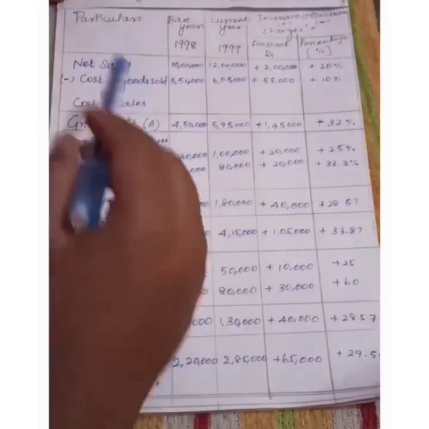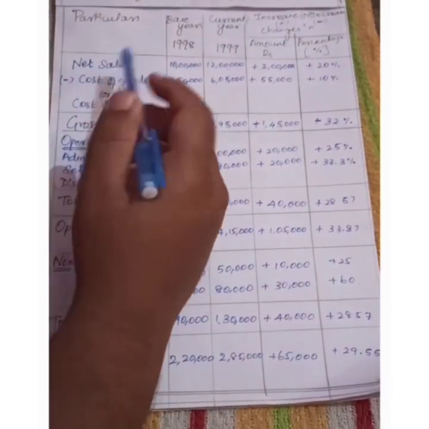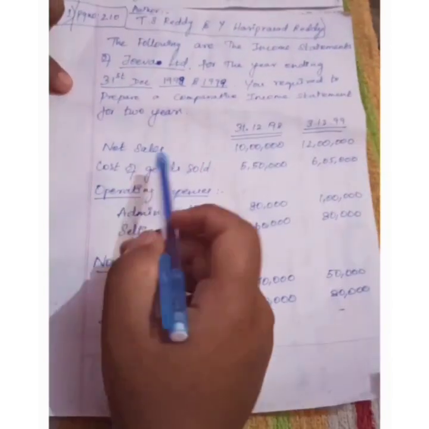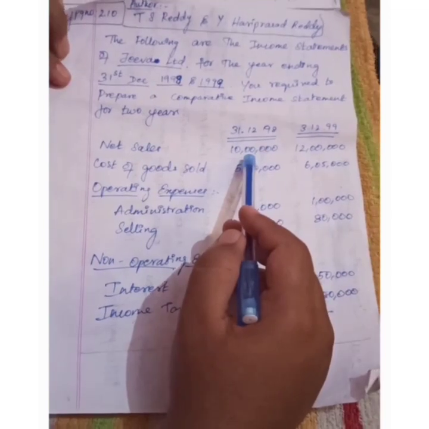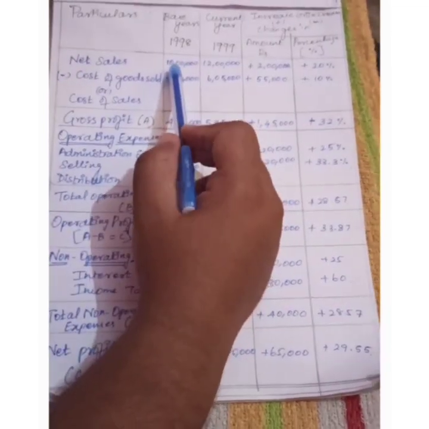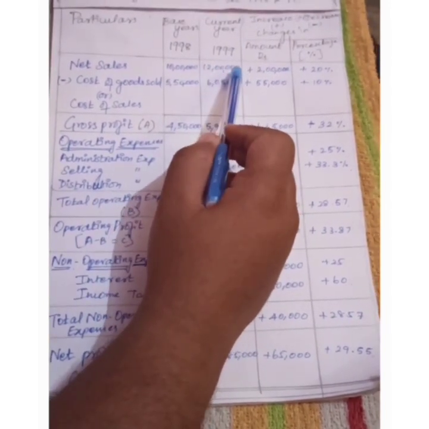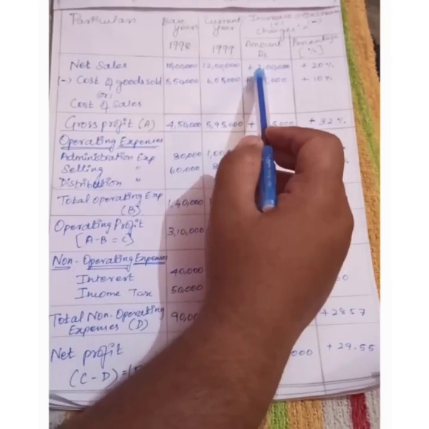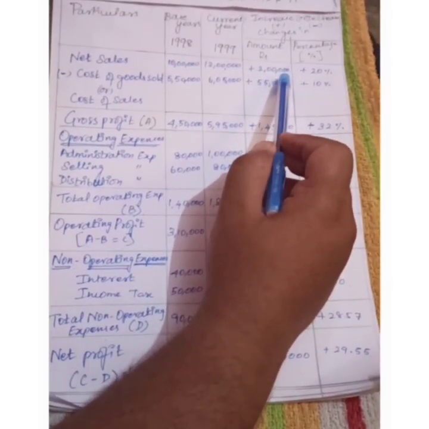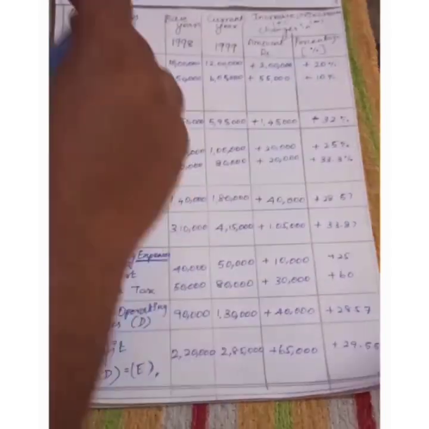Okay. Now the first one is net sales. Look at the question. Net sales is 10 lakh for the base year and the current year is 12 lakh. So I write 10 lakh for the base year, and 12 lakh for the current year. The difference amount I write here, 2 lakh. Now I am using the formula to compute the percentage.